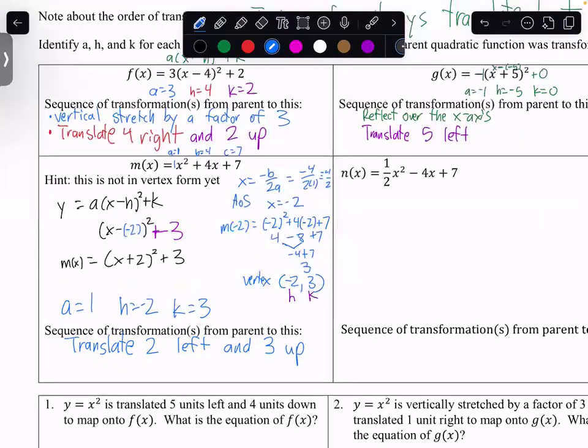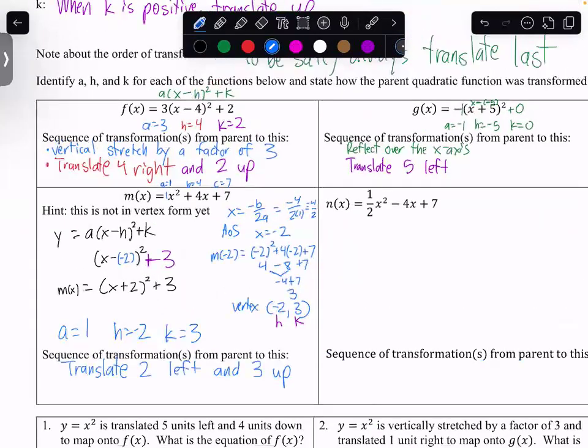Once you have that, please try n of x right next to it.